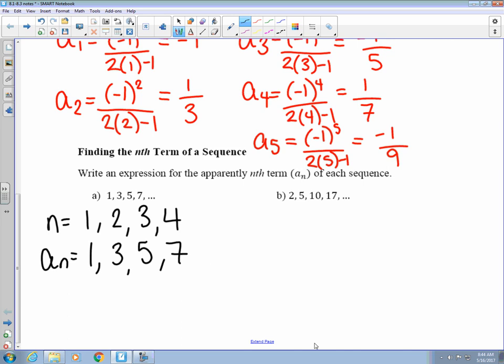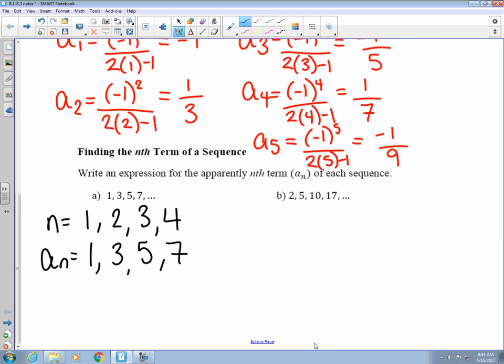A goal here is to figure out what the relationship is between n and a sub n. Sometimes these come very easily and sometimes they don't. They're going to be related by addition, subtraction, multiplication, division, or basically any exponent, unfortunately, which means there is not an easy way to figure this out.